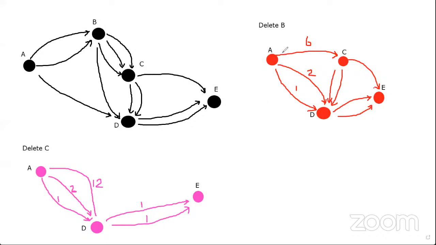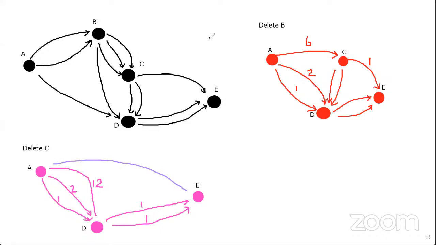From A to E via C, this one to there via this one, how many ways? 6, sir. Yeah, so there are 6 ways from here.